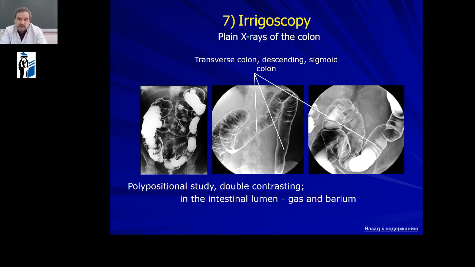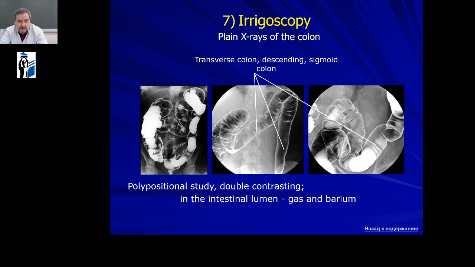Next slide is plain X-ray of the colon, called irrigoscopy or irrigography. And we can see transverse colon, the standing, sigmoid colon, polypositional study, double contrasting.